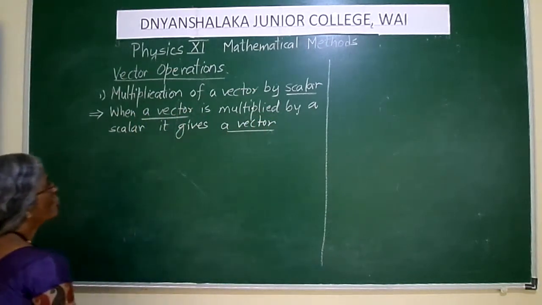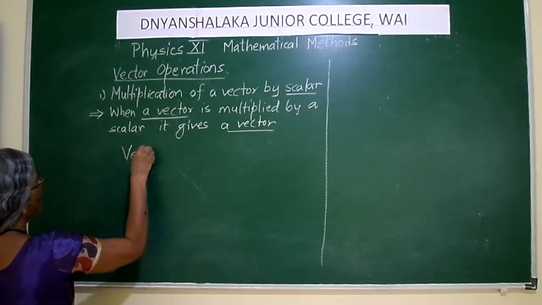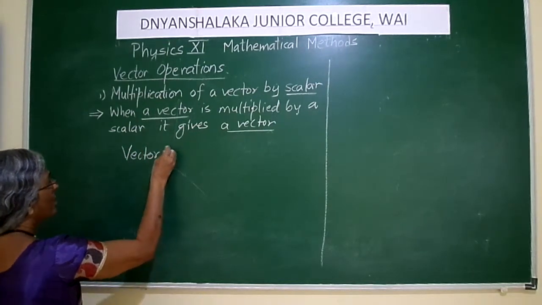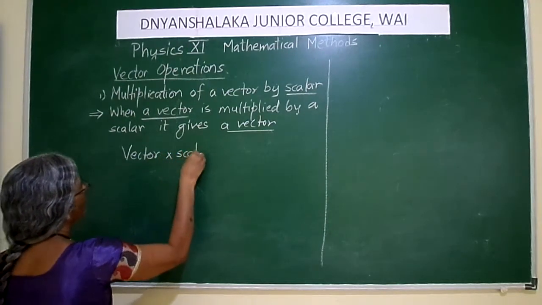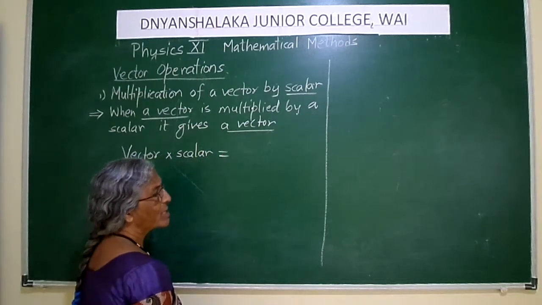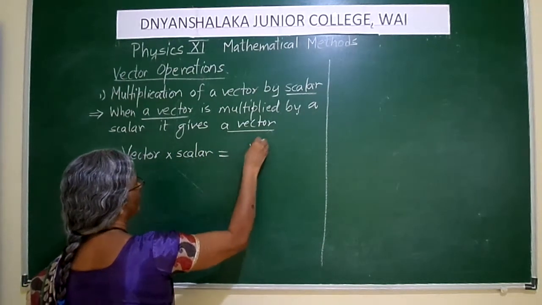Okay, that means, say we have a vector. This vector is multiplied by a scalar. Then the product of a vector multiplied by a scalar will be another vector.